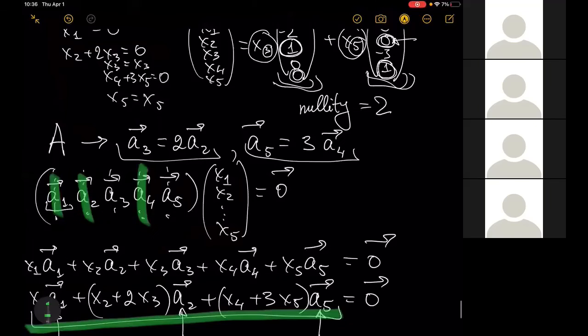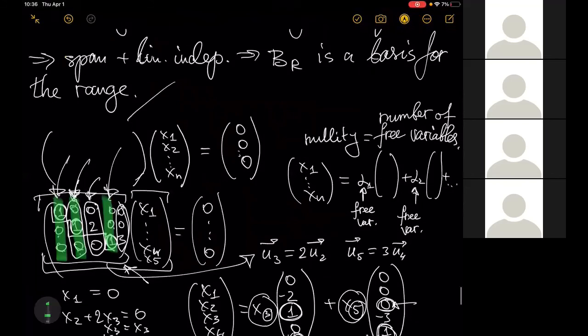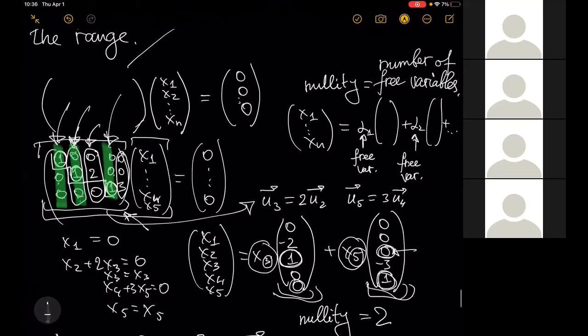So as a result, could you tell me what is the dimension of the range? It is exactly the number of leading ones here, right? Yes. Have a look now.